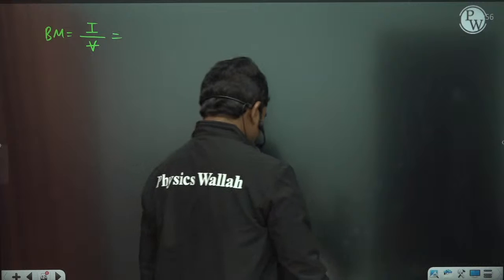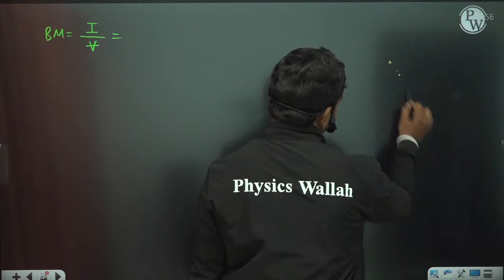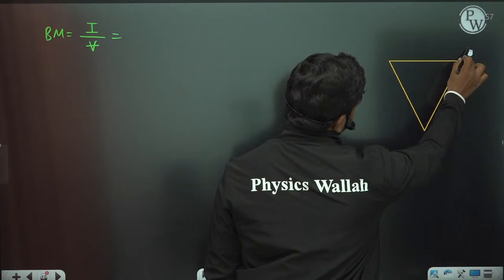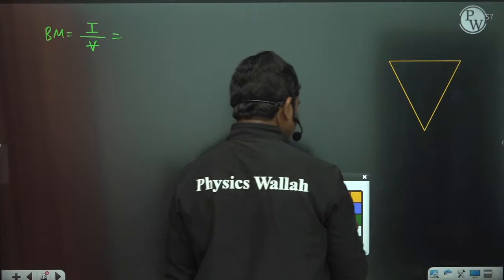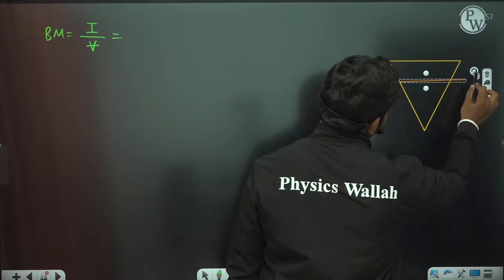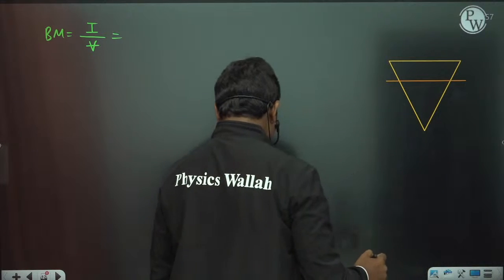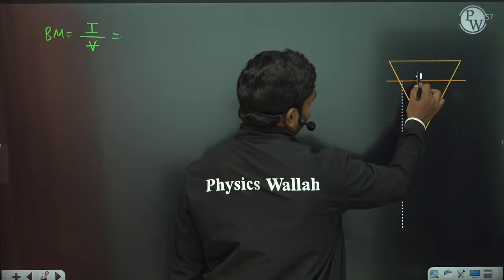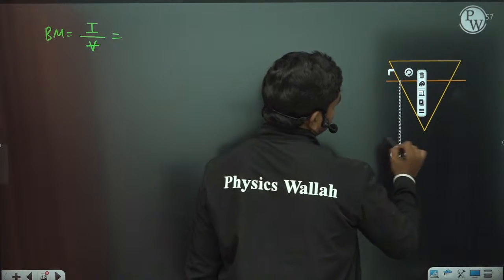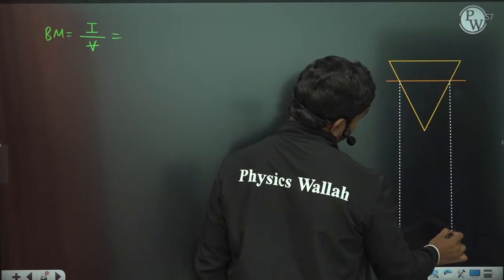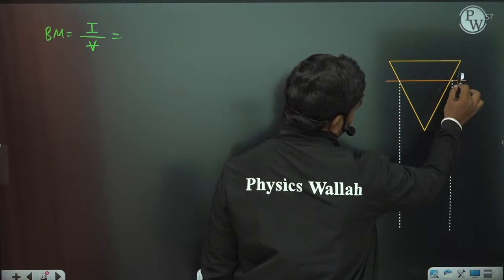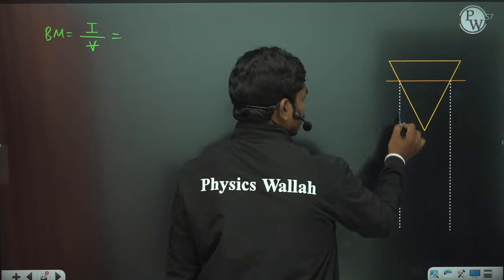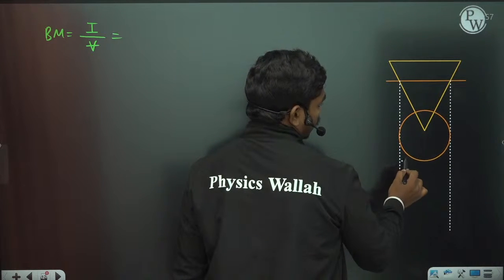Look, if the cone is submerged like this and this is the water line, now if you project this surface at the water line, you will see a circle, yes or no?